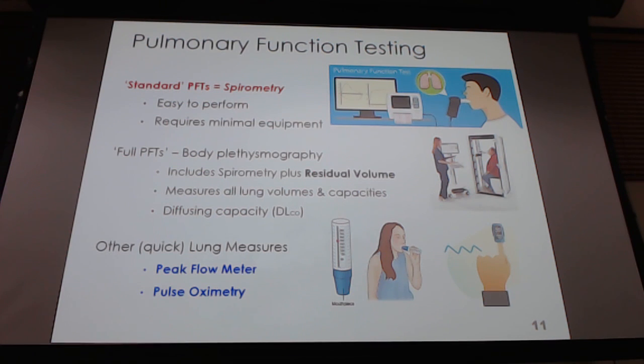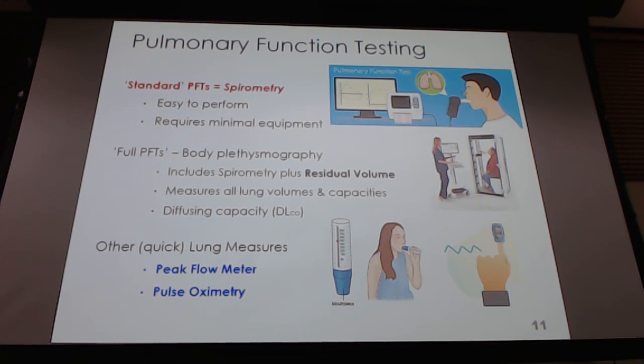So this last one, these full PFTs, this is where we're going to talk about body plethysmography. There are times, we'll talk about them, when knowing how much air is still trapped in those lungs is important clinically. Say they have crappy PFTs, their volumes are terrible.